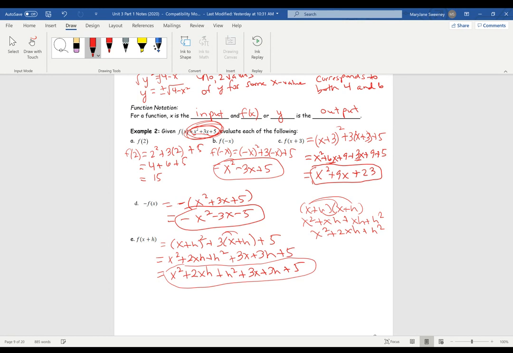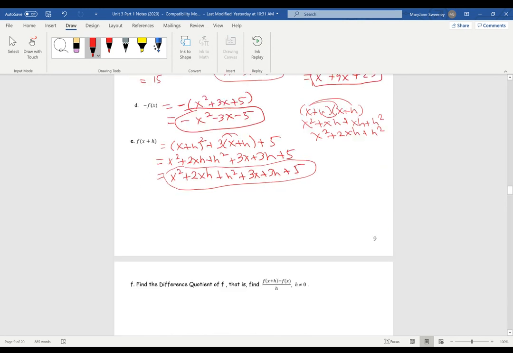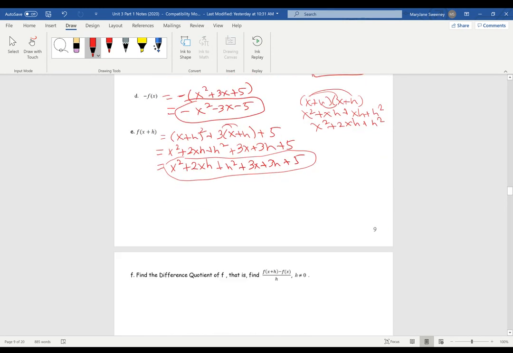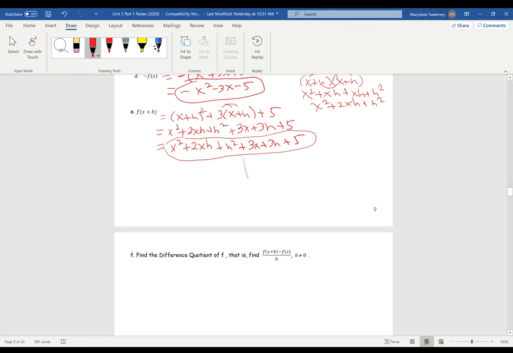That's our f of x plus h. So now for f, the difference quotient says to do f of x plus h minus f of x all over h. So I already did f of x plus h. That is x squared plus 2xh plus h squared plus 3x plus 3h plus 5.